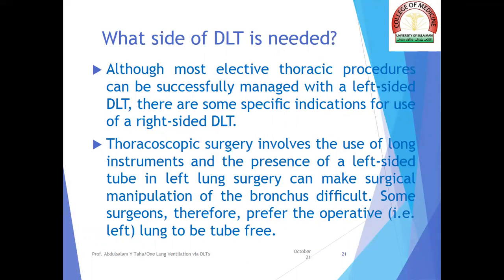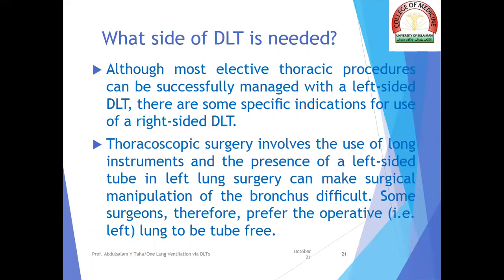Now, it is obvious from the previous discussion that placement of a left-sided double lumen tube is easier than a right-sided double lumen tube because of the problem of ventilation of the right upper lobe.